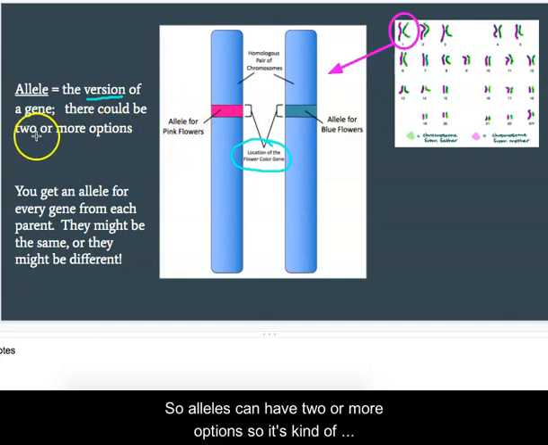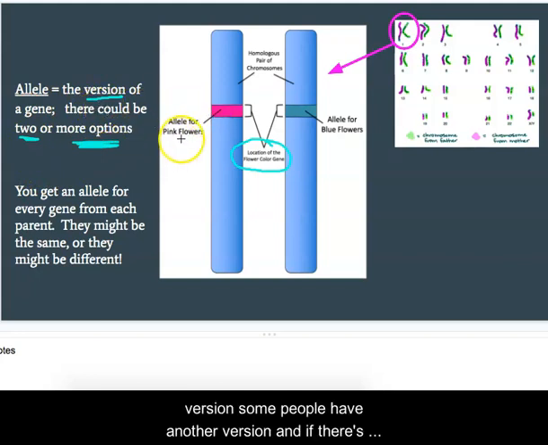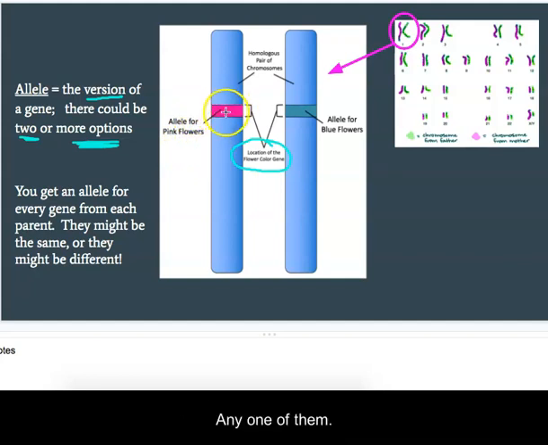So alleles can have 2 or more options. It's kind of like the variety that exists in alleles. Some people have one version, some people have another version. And if there's more than 2 options, you can have any one of them.